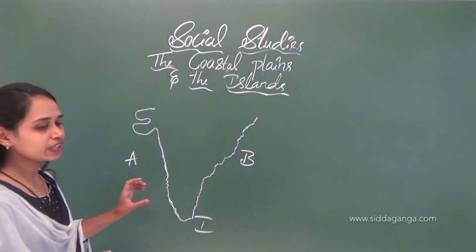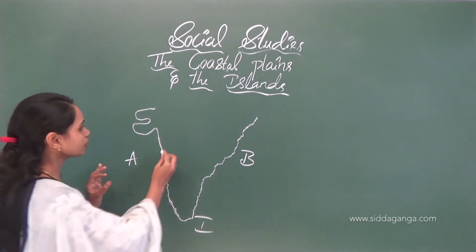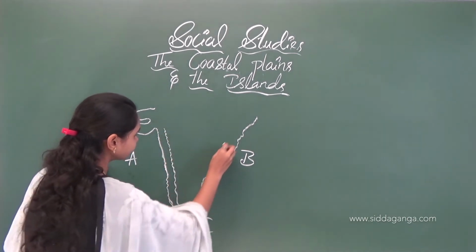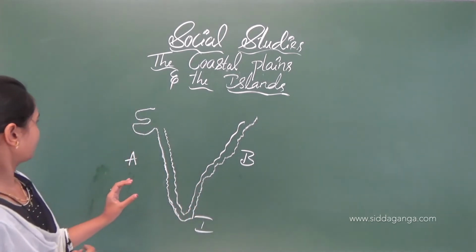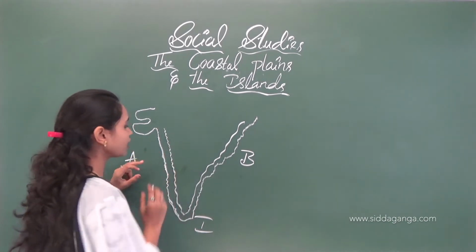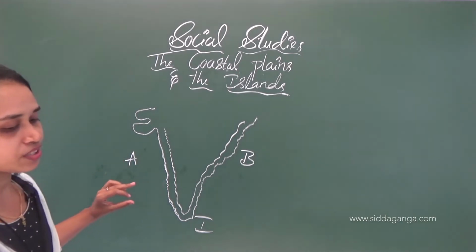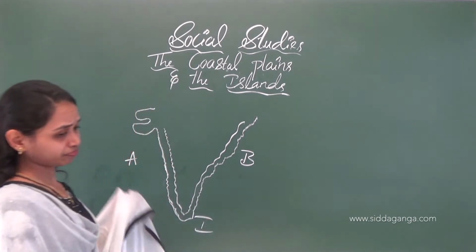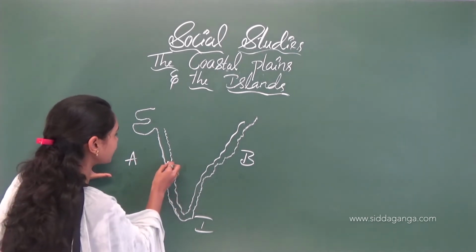So between the Arabian Sea and the Western Ghats lies the western coastal plain, okay? We already know the Western Ghats, so it's here.